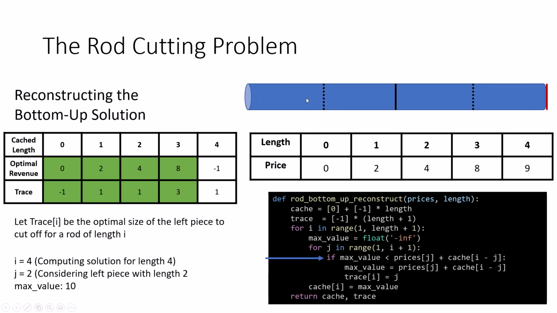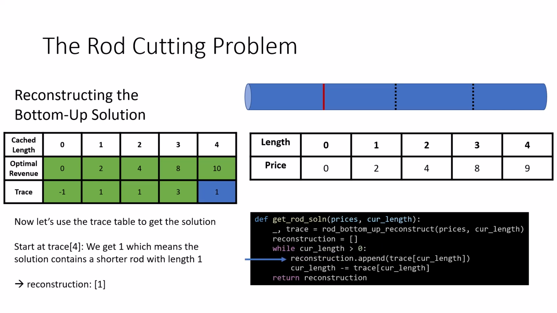We keep going. We're never going to find that we can get a better value. If you remember from our example, we're going to consider this. That's not going to work. We're going to consider this. That's also not going to be any better. We consider this. That's also not going to be better. 9 is less than 10, and so on. So that's finishing that version of the rod cutting problem.